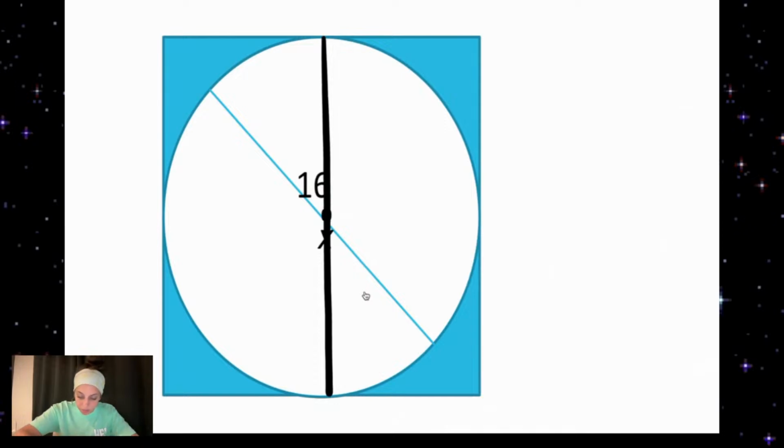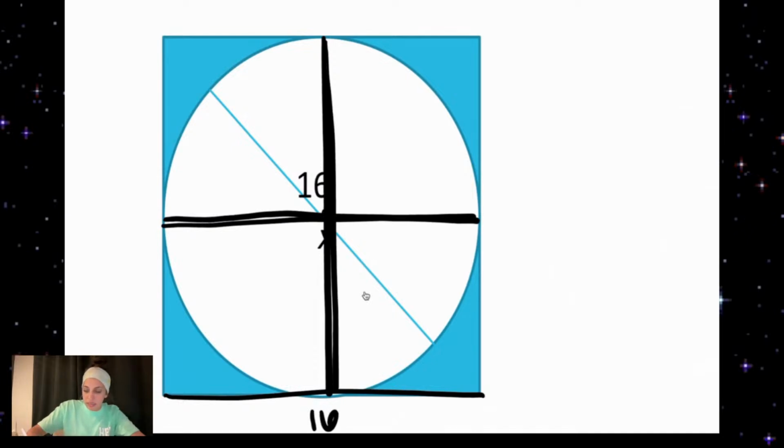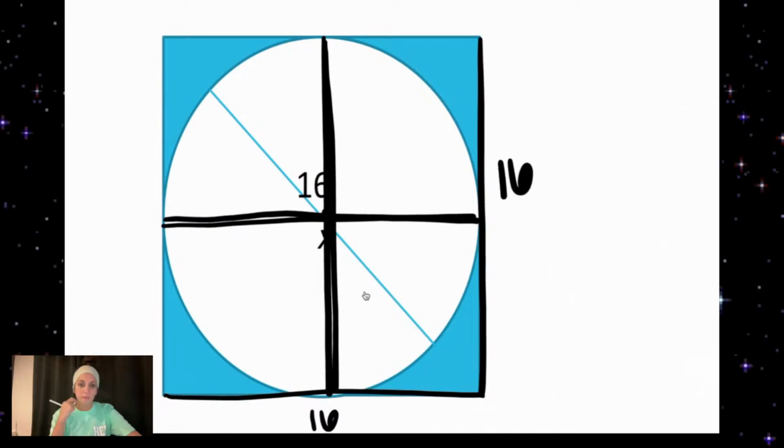And that also means that this is 16. If both of those are 16, then it's a square. Because if this is 16, then this is also 16. And if this is 16, then this is also 16.